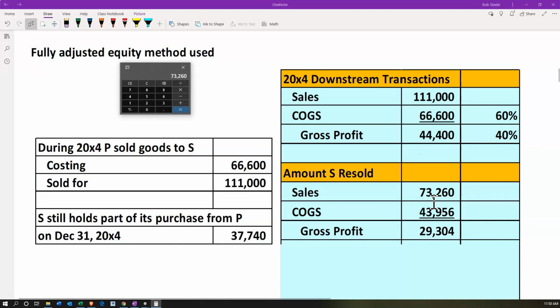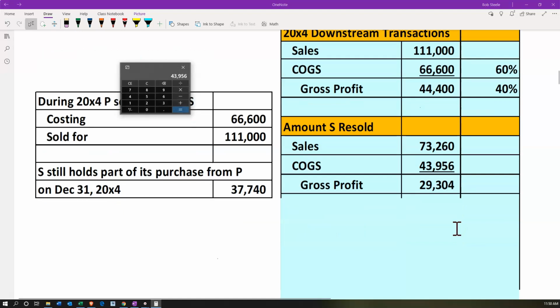Once we have that, we can say, okay, what's the percentage of that? We can multiply it times the 60% for the cost of goods sold, or 1 minus 40%. So we say, all right, times 0.6. That's going to give us the 43,956. And then if we take the 0.4 times that, or subtract this out, we get the 29,304.